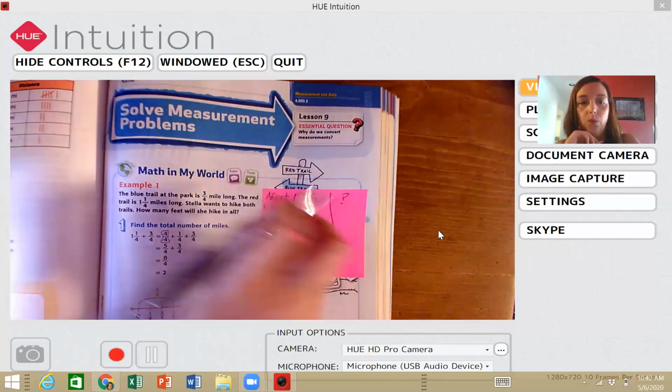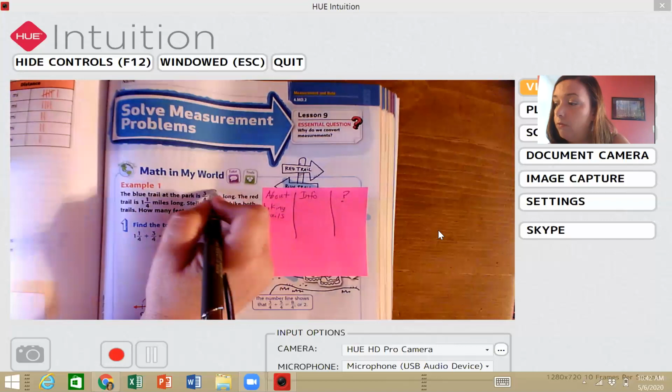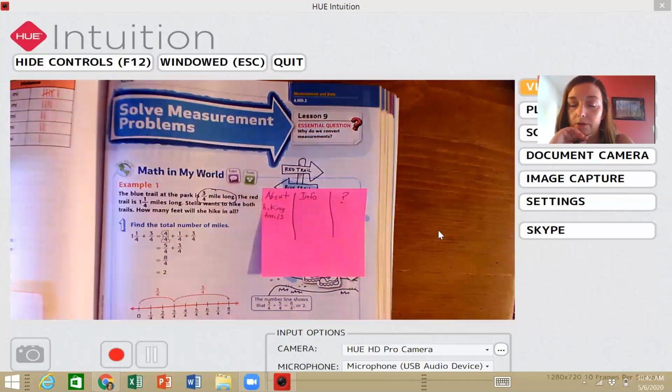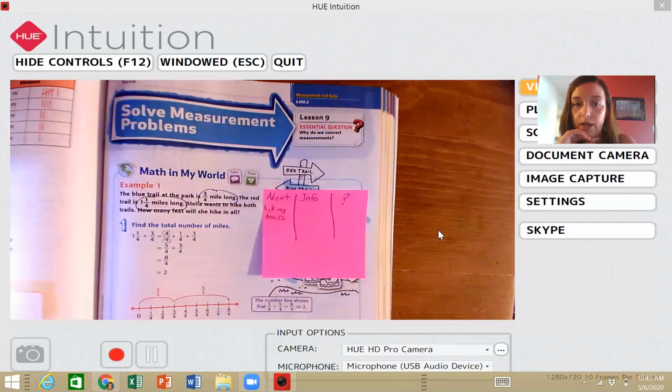Okay, what is the math information that we are going to use? We're going to use the information that one trail is 3/4 of a mile long, right? And one trail is 1 1/4 miles long, okay?